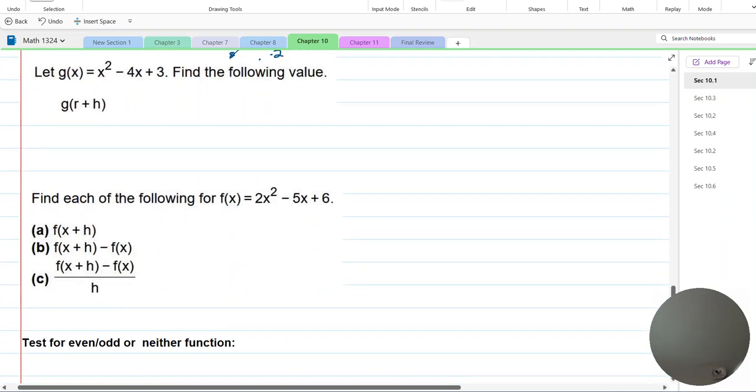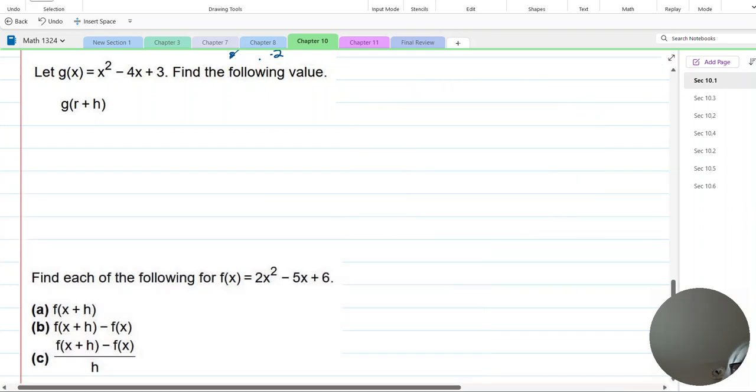So this one says substitution. So now we're talking about substitution.